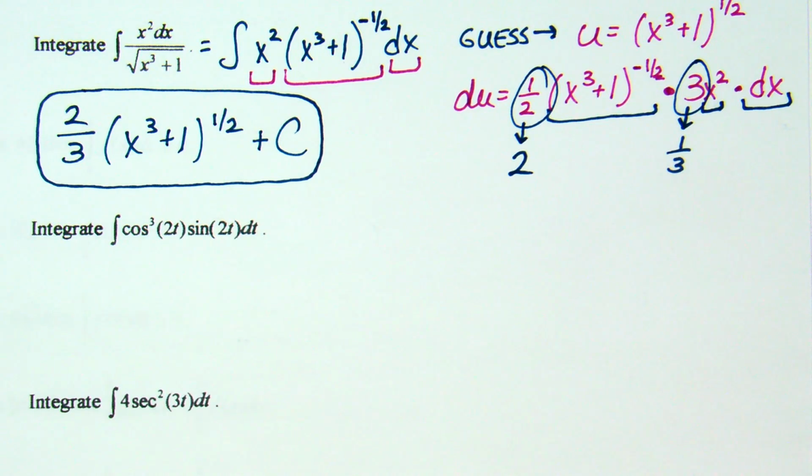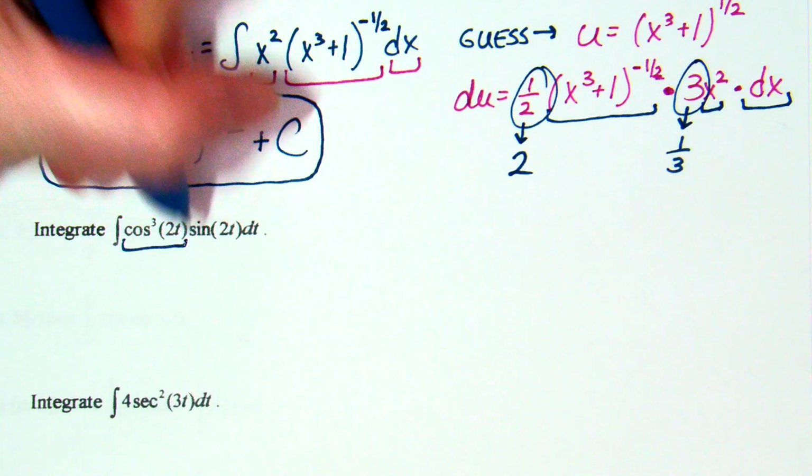Example 4, integral of cosine cubed 2t sine 2t dt. Thoughts on what the main piece is here? Cosine cubed. Okay. And you realize that sine is going to be part of the chain rule then. So always go with whatever has your power there.